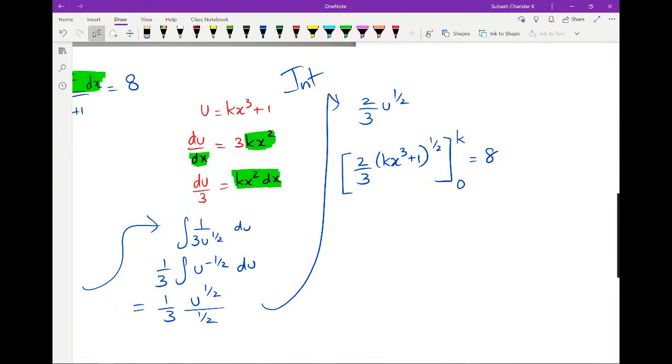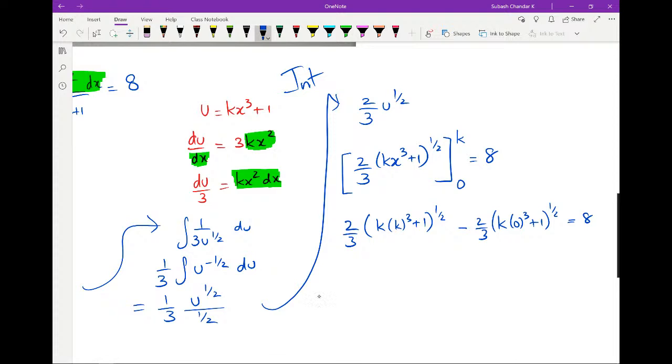So the next part we've got to do is 2/3 (k^3 + 1)^(1/2) minus 2/3 (0^3 + 1)^(1/2) is equal to 8.